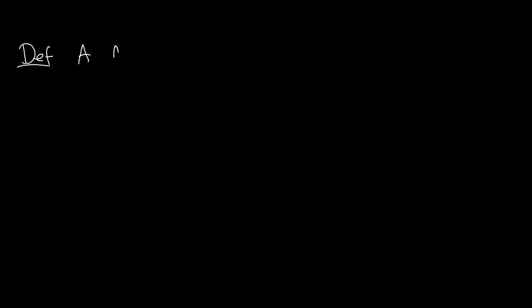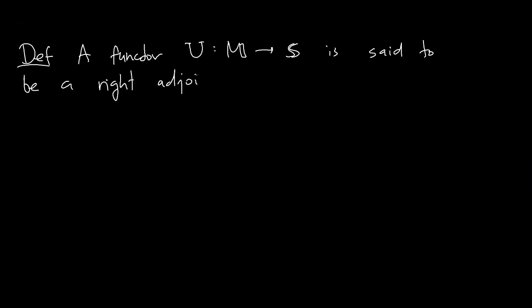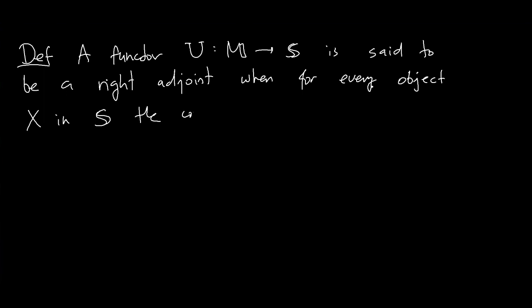A functor U from M to S is said to be a right adjoint when for every object X in S, the comma category X comma U has an initial object.